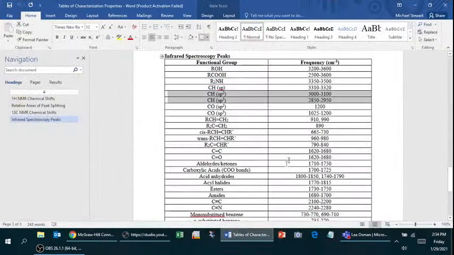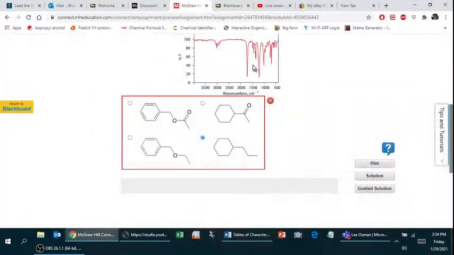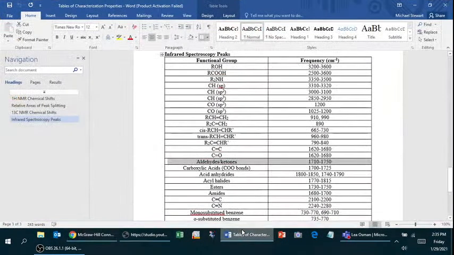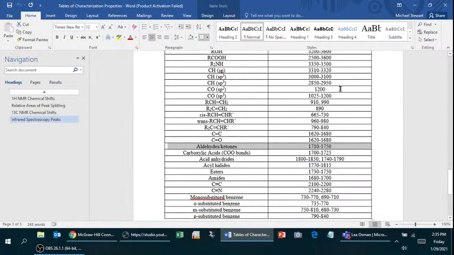If we look for a peak about 1700, we've got aldehydes and ketones here, so that's a real possibility. We've also got peaks about 1200. Hopefully that's something unique. I've looked in the 1200 range and I'm not really seeing anything other than the CO with the sp2.